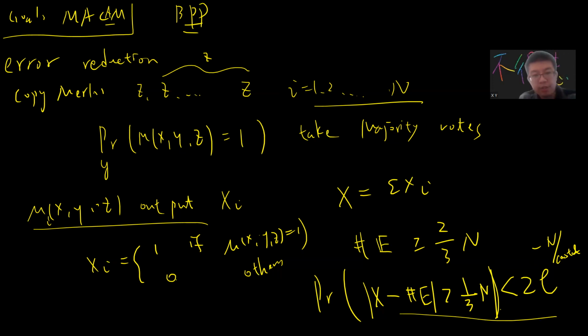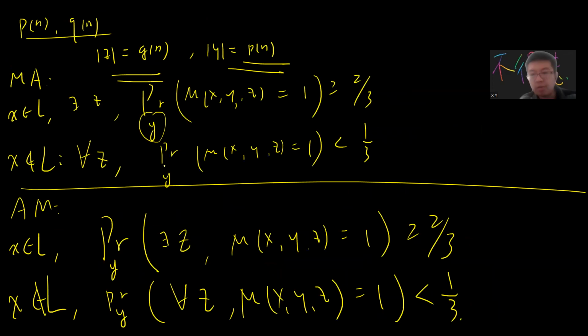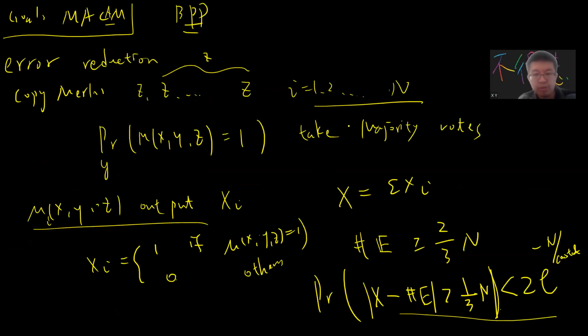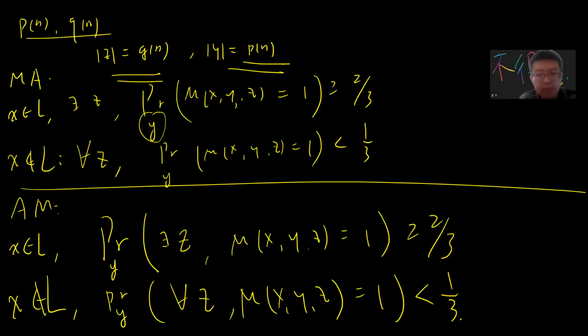On the other hand, if x does not belong to L, then the expectation is 1/3, so you can take majority votes and reduce the error. Simply speaking, once you do this, you can make this MA more powerful.